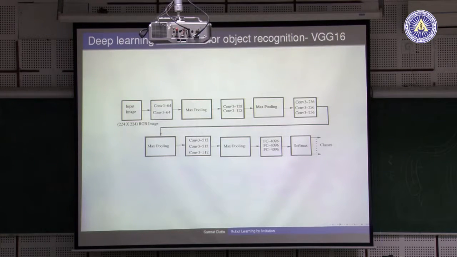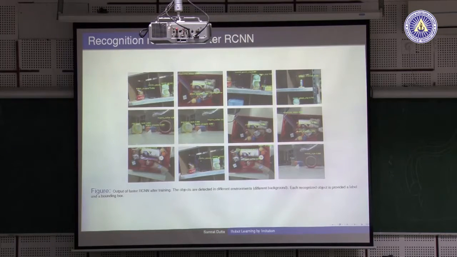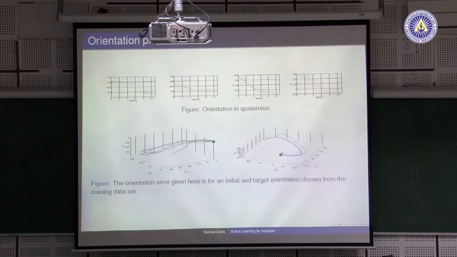That is standard, not proposed, so you can find it on the internet. The recognition model gives output like this, it creates a bounding volume around the object, and we calculate the grasping position based on the ROI, the region of interest.